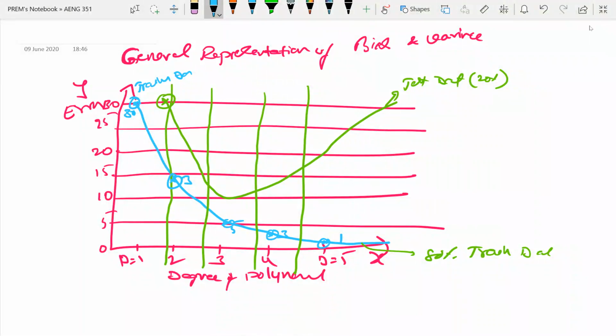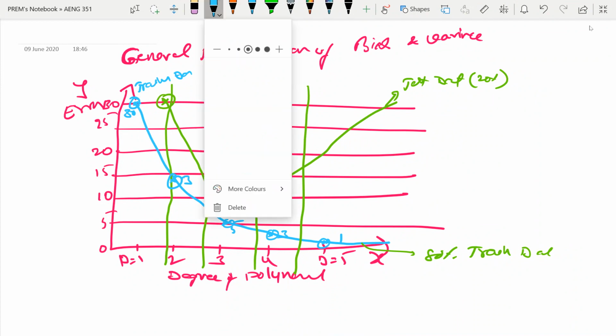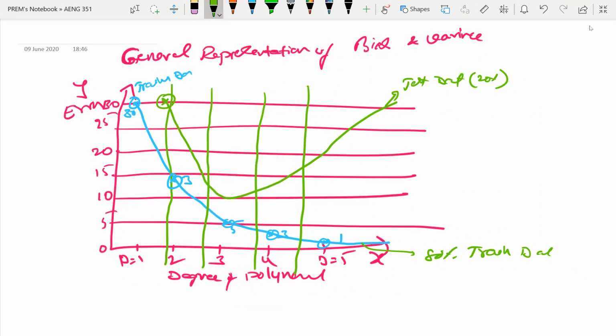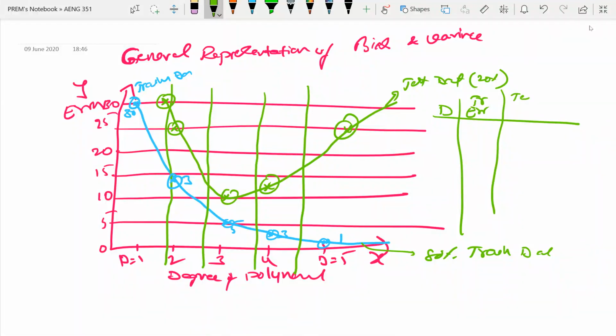And if you see at degree 2, my test error is like this. Here I will write the table: degree, train error and test error.